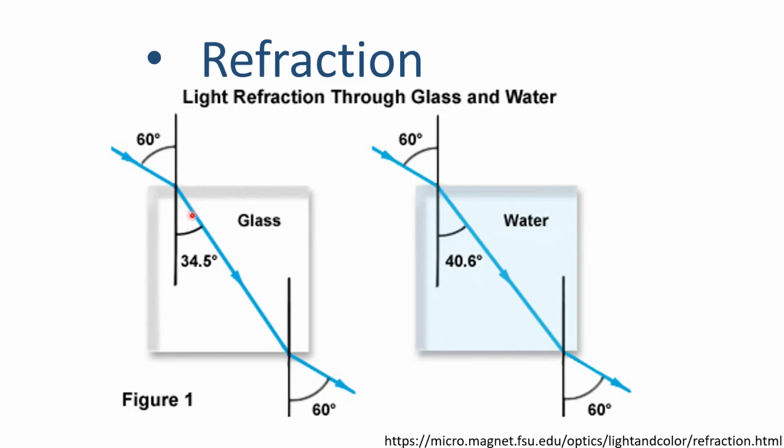Then, of course, if it's something denser, it's going to affect the light, which is going to slow it down. Normally, if it passed through, it would continue this way, right? Like this here. But when it's slowed down, it bends towards the normal. So the angle of refraction is going to be slightly less than the angle of incidence.